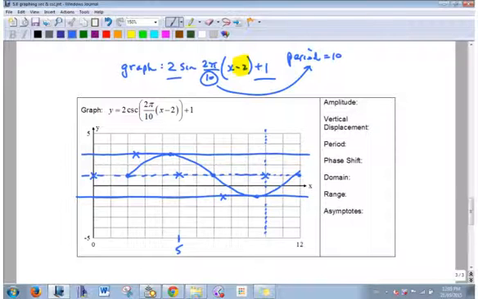Okay? That part's on your quiz. So don't try to figure anything out.